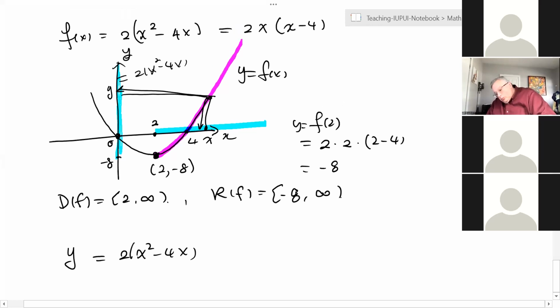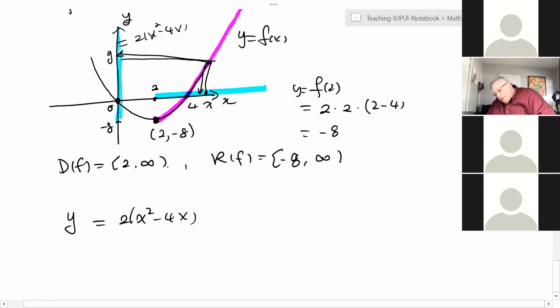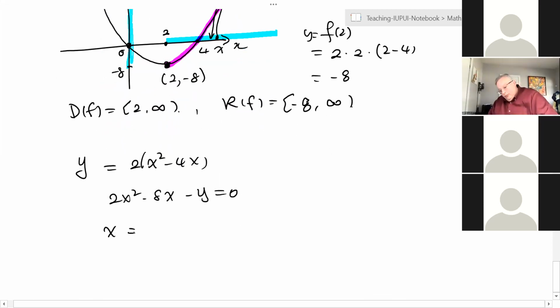I'm trying to solve it. It's a quadratic equation, right? So I get 2x squared minus 4x minus y equals 0, and I solve for x.